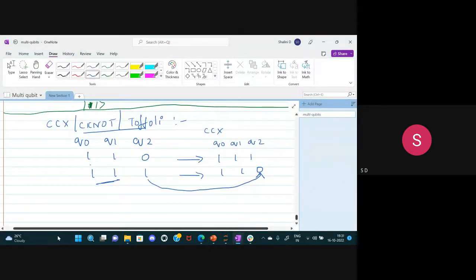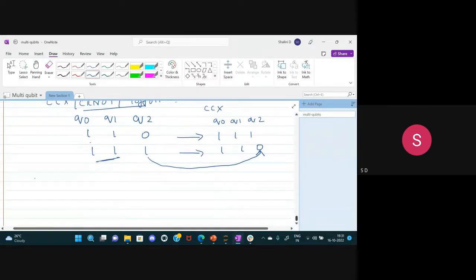Okay, so I will just show how we make 0 0 1. For 0 0, now we have the qubit as 1 0 0 0. We have to take the tensor product. For 1, what is 1 0 1?